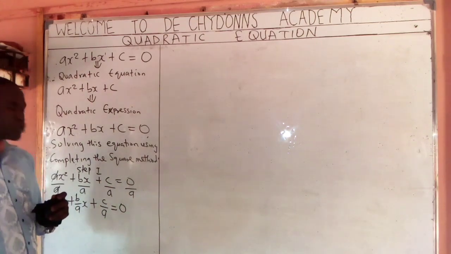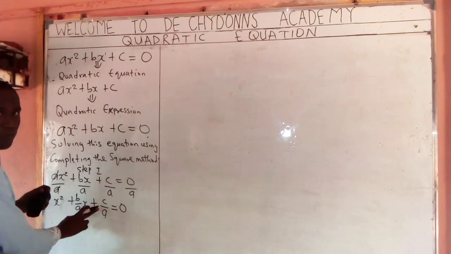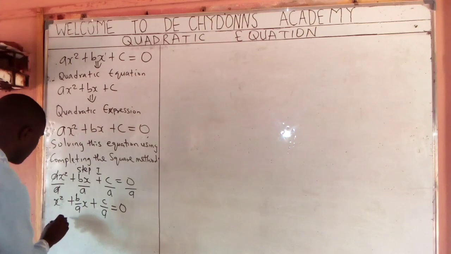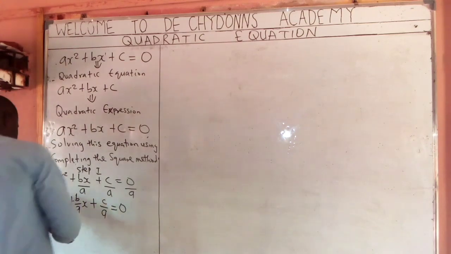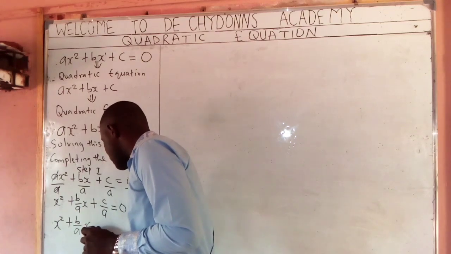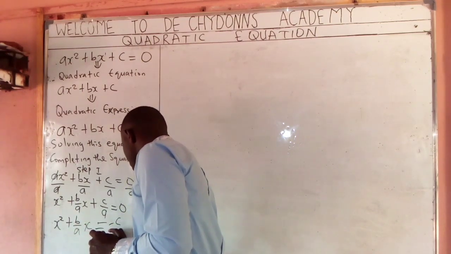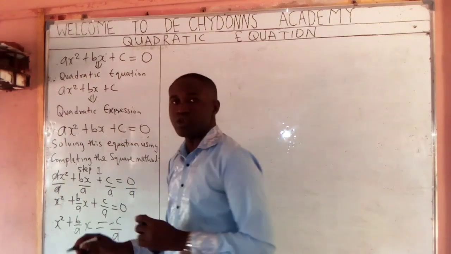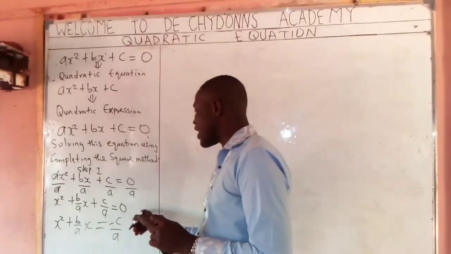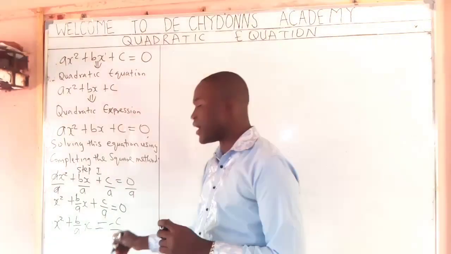Now, step 2 is to carry this c over a to the other side. You will have x squared plus b over a x equals minus c over a. So that is what you get when you carry c over a to the other side: it turns to minus c over a.